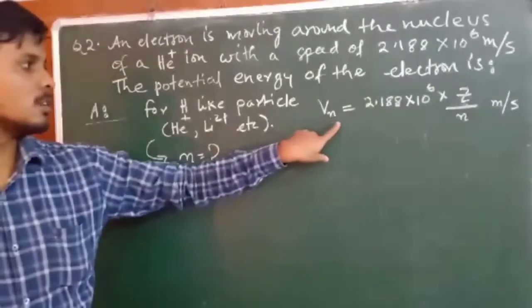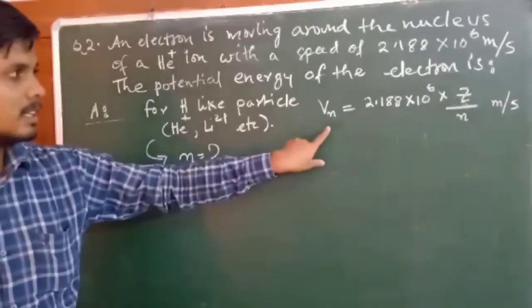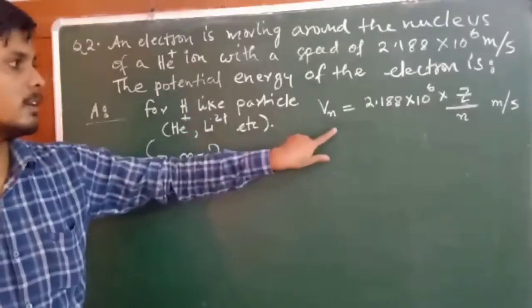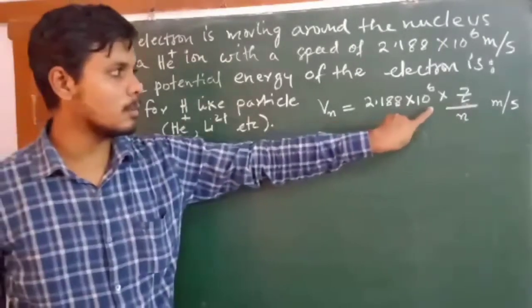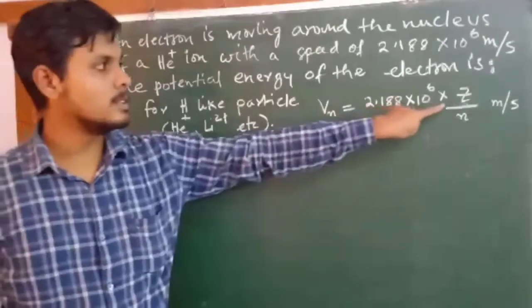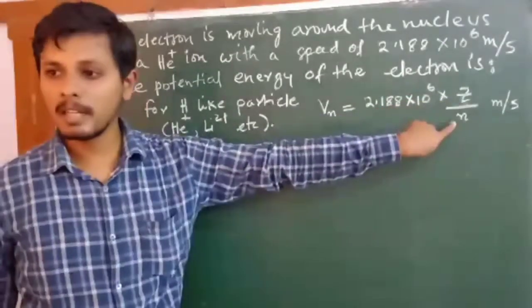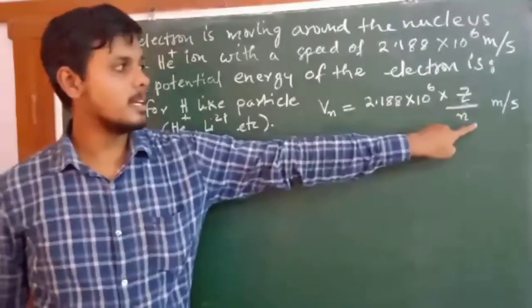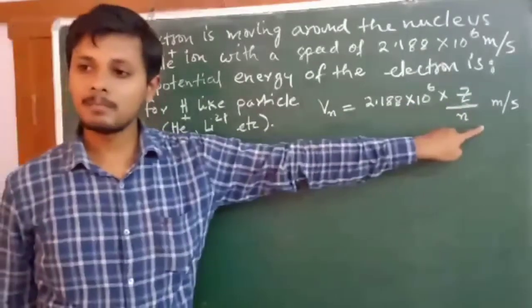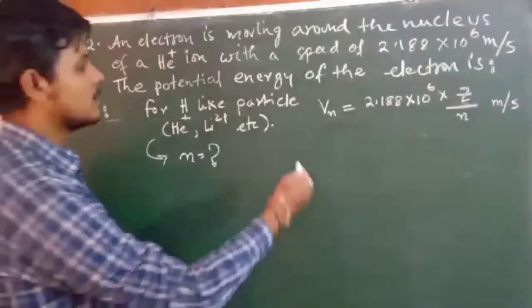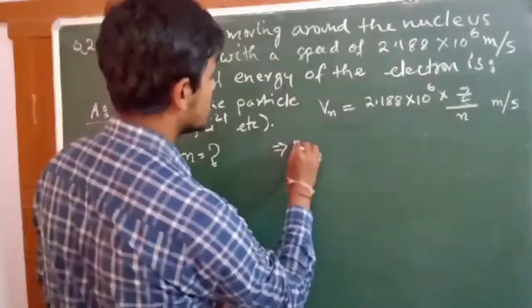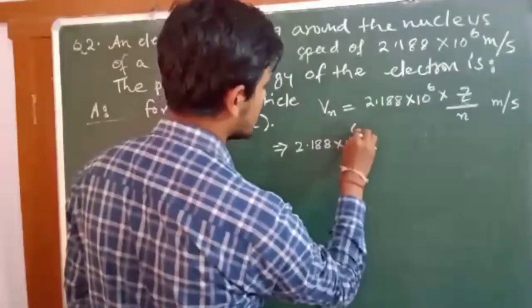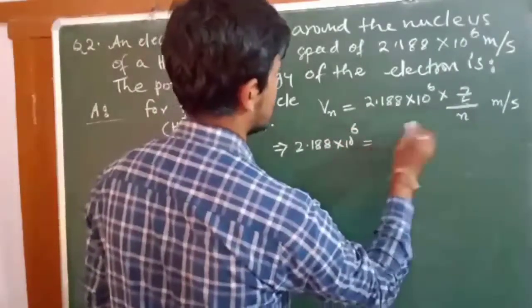The velocity of the electron in the nth orbit is given by Vn = 2.188 × 10^6 × Z/n meter per second, where Z is the atomic number and n is the orbit in which the electron is present. So in this case, the velocity is 2.188 × 10^6.